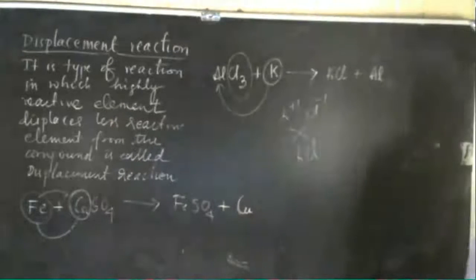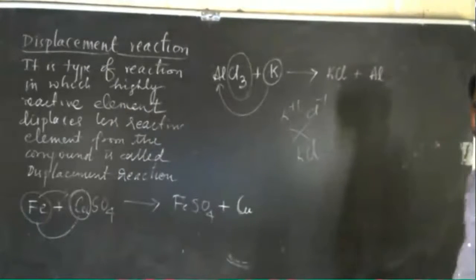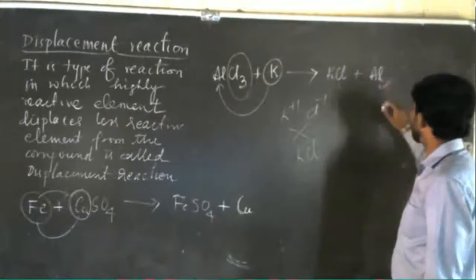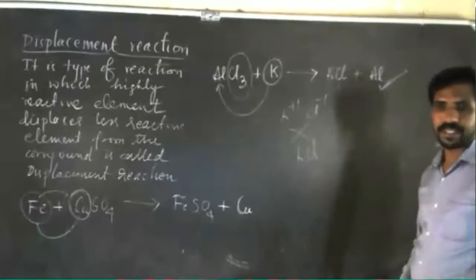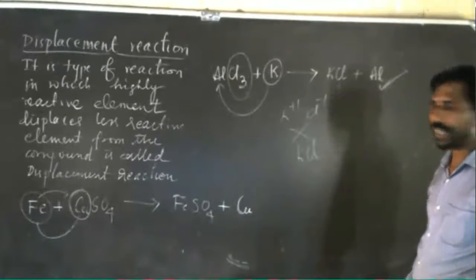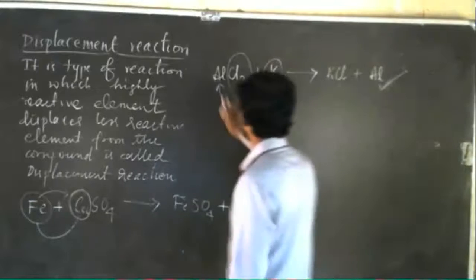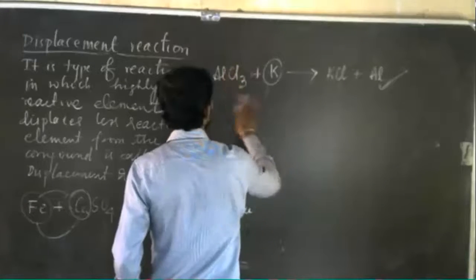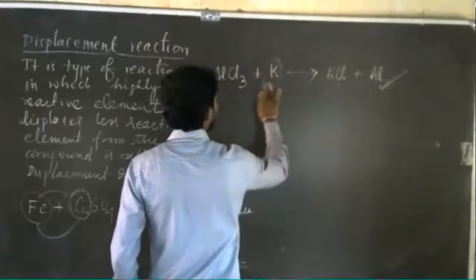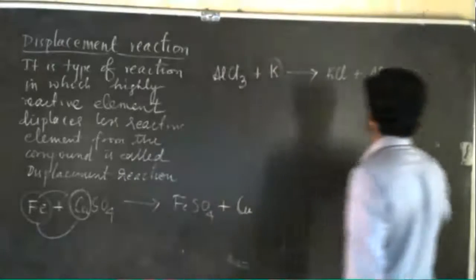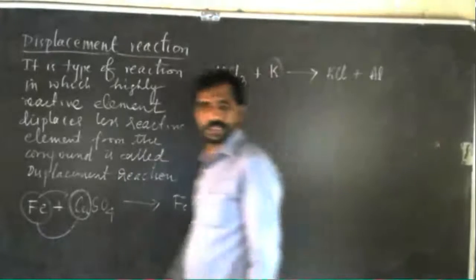Somebody has written Al3 there. Shreya, but Al3 is wrong, my dear. We cannot write Al3 over there. It's only Al because it's monatomic. So this is the reaction that happened.